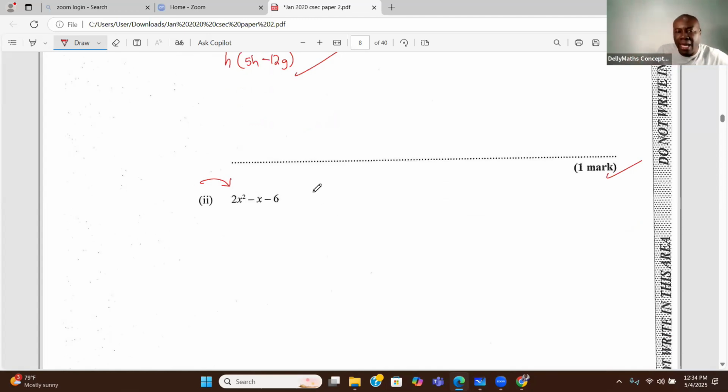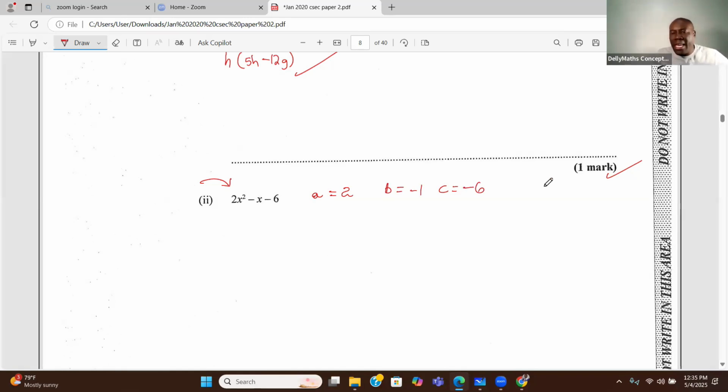So here it's definitely the AC method, where you want to name your A, which is the coefficient or the number that is attached to the square, it's 2. And then your B is a number that is attached to the x, which is -1. And the C, which is the number without any letters attached to it, it's -6 right there.